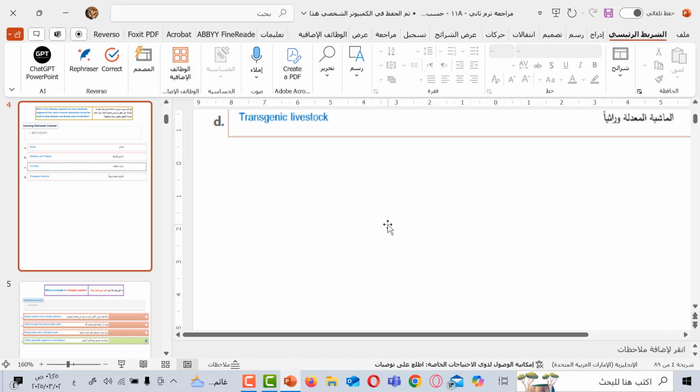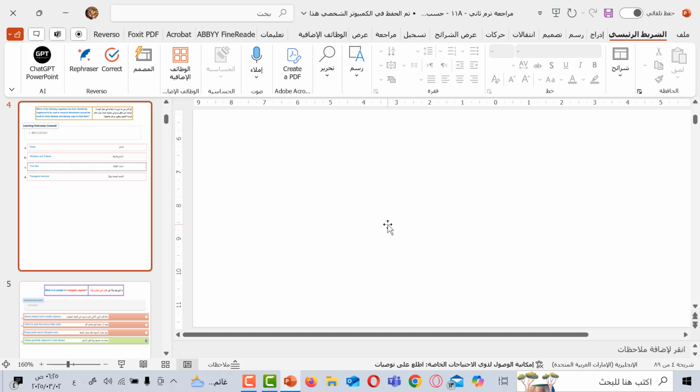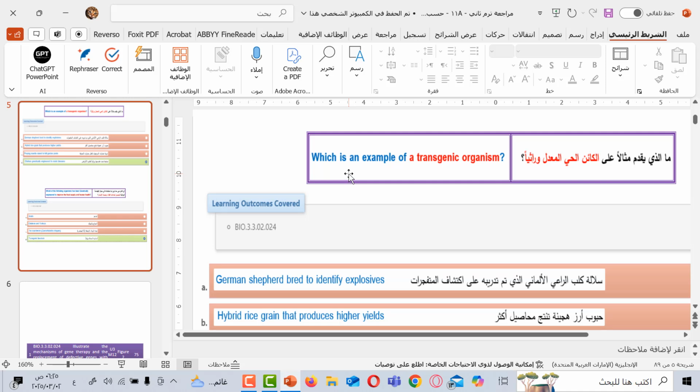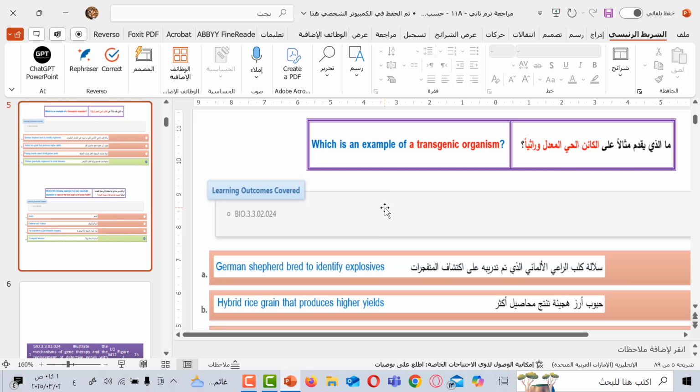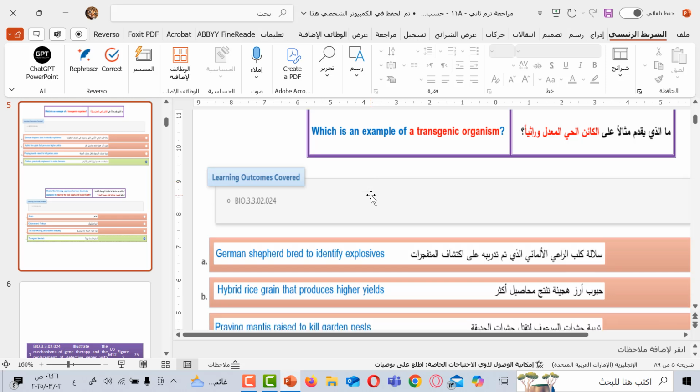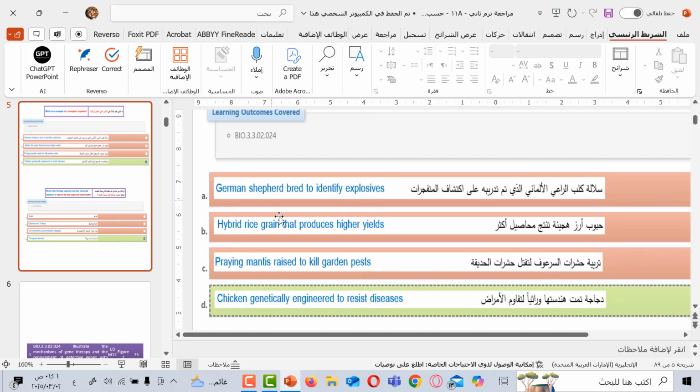After that, we're going to the next question, which is: an example of a transgenic organism. When he asks us about transgenic organism, we will look for which one has to do with genetic engineering.